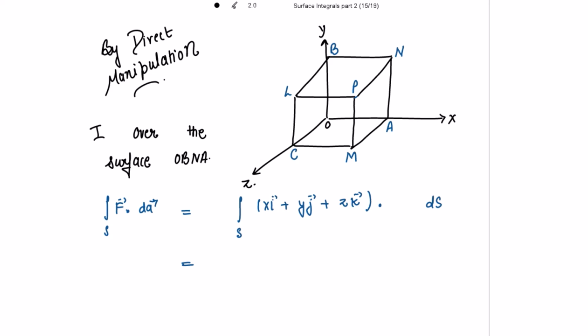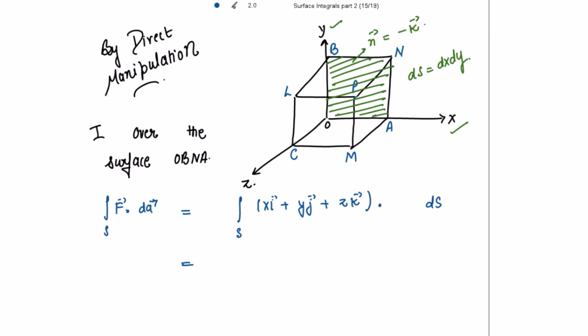Let's first evaluate the integral over the surface O, B, and A, this one. Here the outward unit normal vector to the surface is minus k, because it is along the negative z-axis. And for this, ds is equal to dx dy.